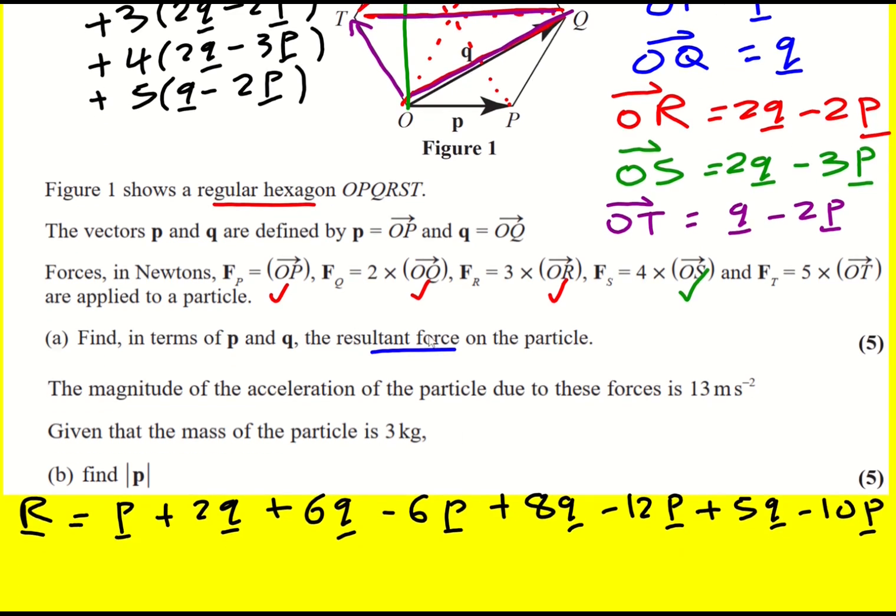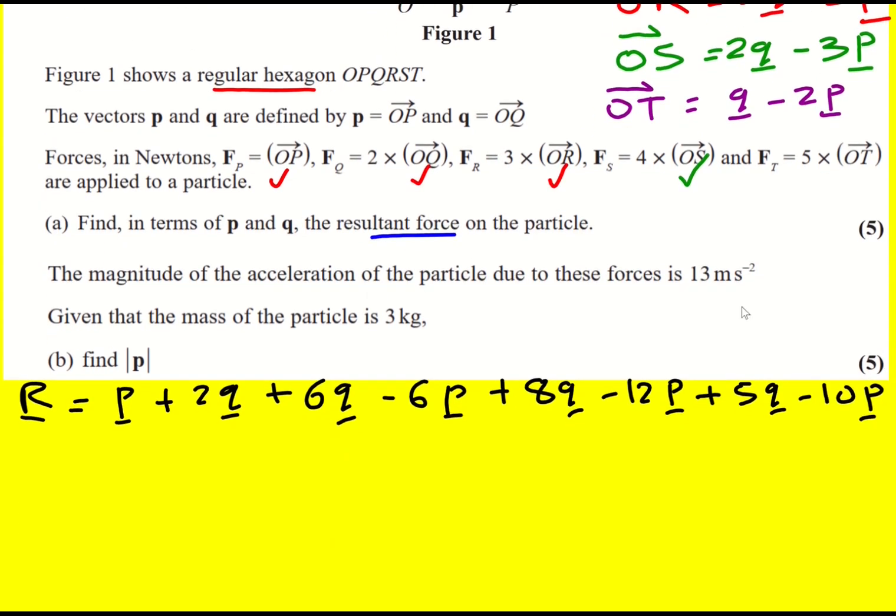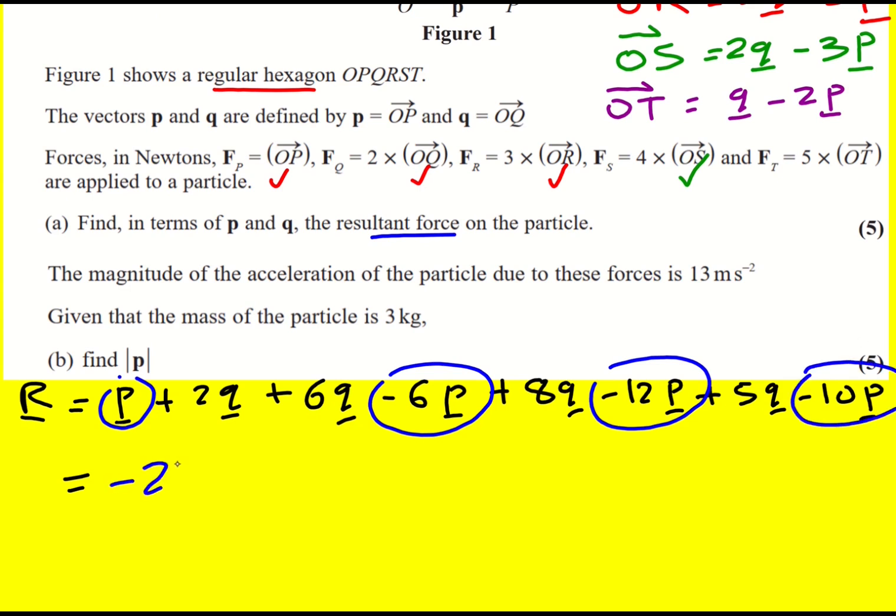Okay, we're nearly there. Let's get this resultant force in terms of P and Q. Let's add the like terms. So I've got P minus 6P, that's minus 5P, minus 12P, that's minus 17P, minus another 10P, minus 27P. And then 2Q plus 6Q, that's 8, 16, 21.